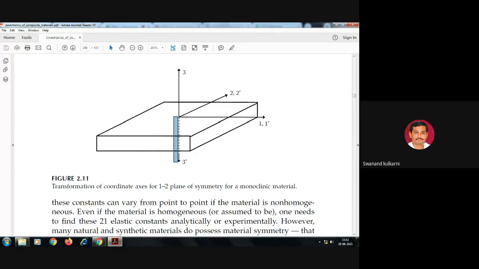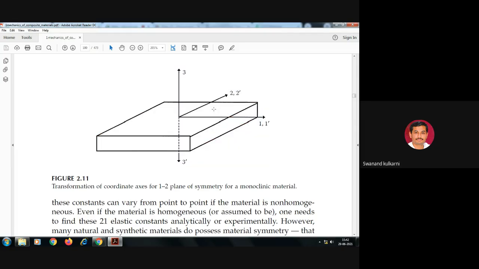But if we consider the direction 1 and 1 dash, particularly the direction toward the right hand and the direction toward the left hand, if we consider these two directions differently, then the properties are different for this direction 1 and for direction 1 dash. Likewise, it can happen for 2 and 2 dash also.